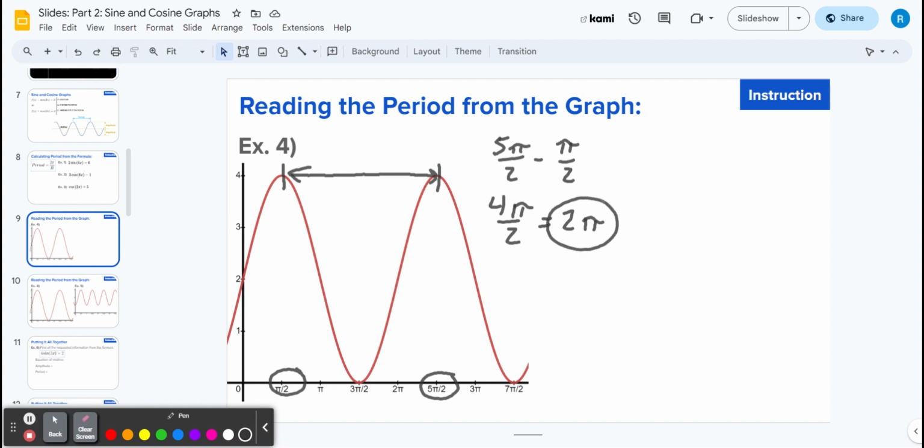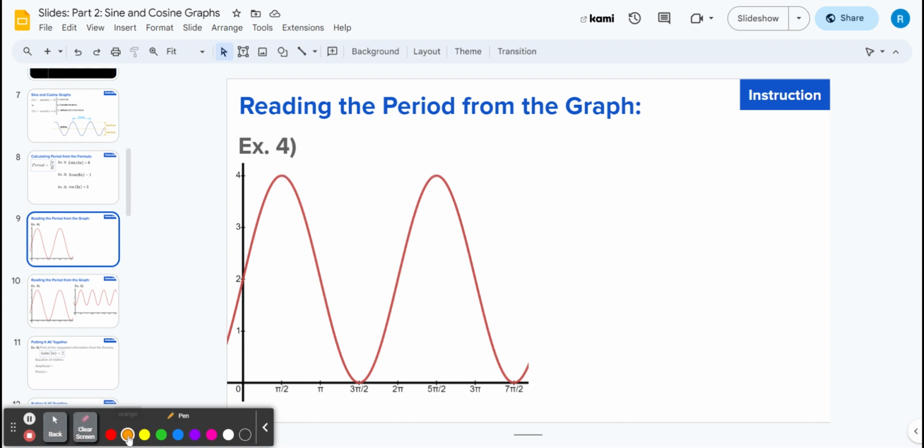So there is a slightly easier way to do this problem, and this is the way that I recommend how we do it. We notice, okay, I am starting at a value of 2. And if I trace my graph for one full rotation, so I go up, I don't stop here because we haven't gone all the way around yet. I need to go up, then down, and back to our starting point.